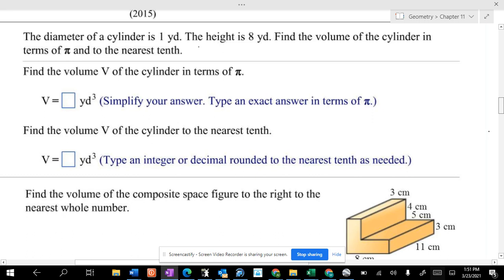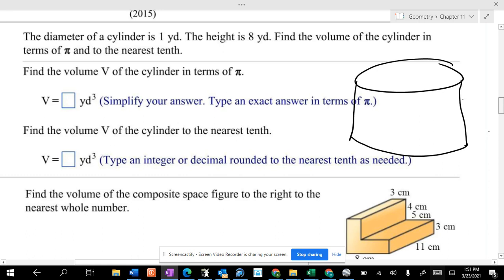The diameter of a cylinder is 1 yard. Find the volume when the height is 8 yards. This is 8. The diameter is 1, so the radius is 0.5. So the volume equals pi r squared h.